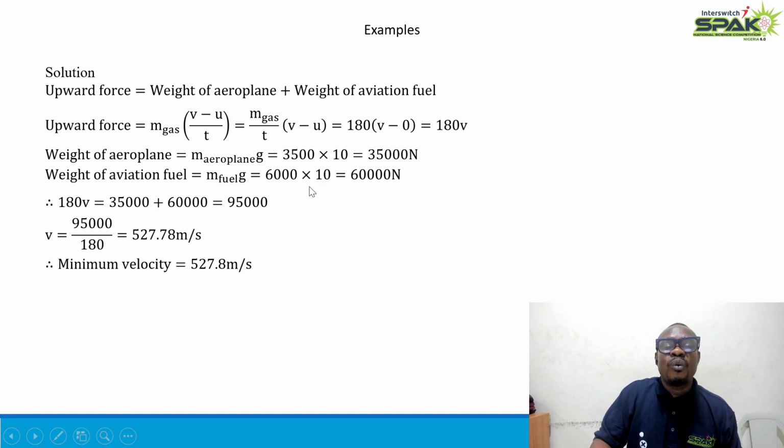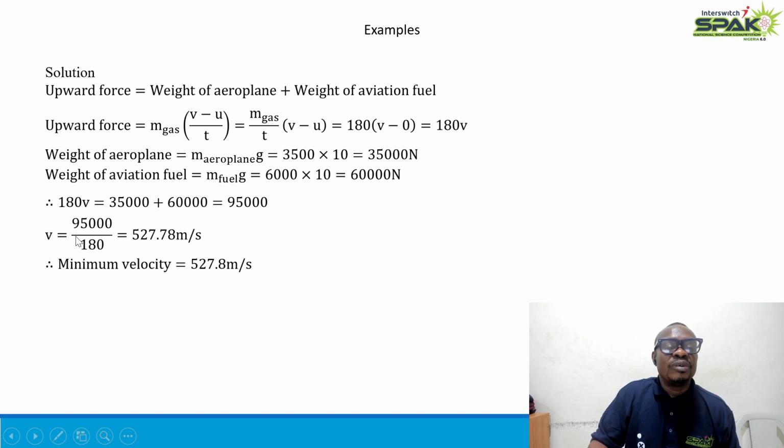So let us substitute what we have here. The upward force from what we have after this illustration is 180 V. Then the weight of the aeroplane is 35,000 Newton, while the weight of the aviation fuel is 60,000 Newton. So when you equate 180 V, add this to give 95,000.